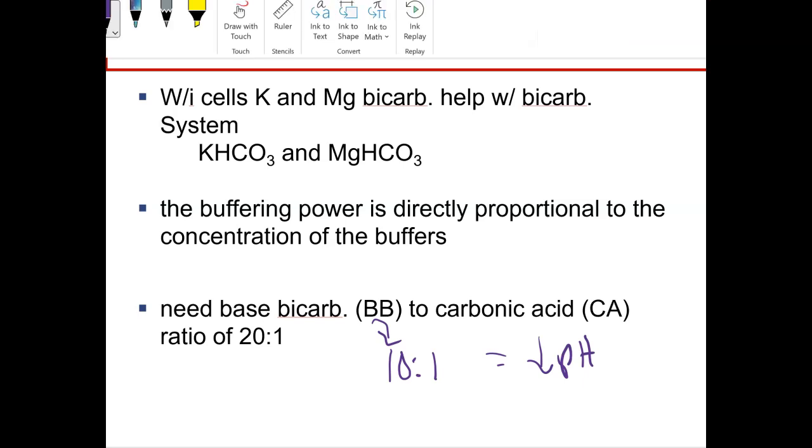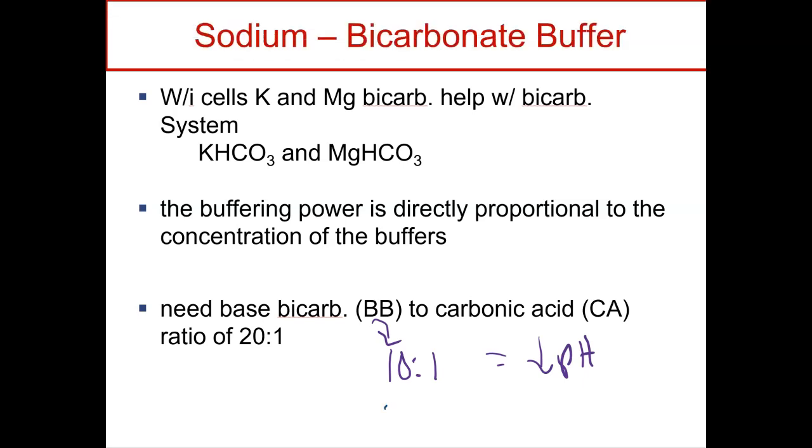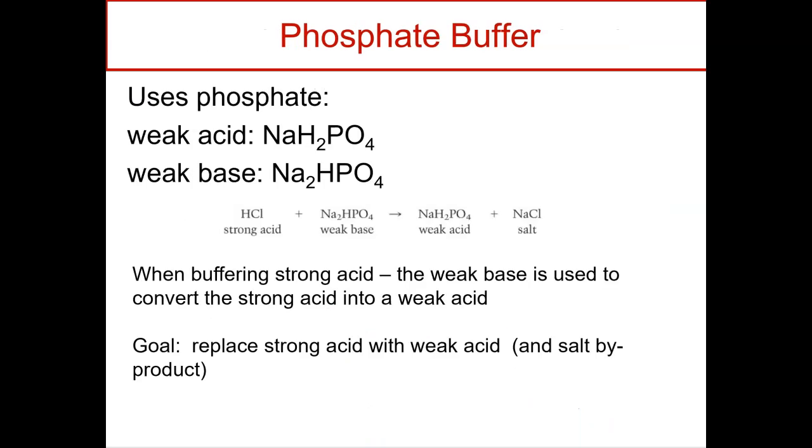That's not going to be good because I need 20 of them. Or if for some reason I start holding on to bicarb, now I have too much base. This is going to happen and I'm going to notice an increase in pH. So we like to look at the bicarb levels to also help us figure out what's happening in pH. And when we look at the bicarb levels and see the effect on pH, we call these things metabolic acidosis or metabolic alkalosis.